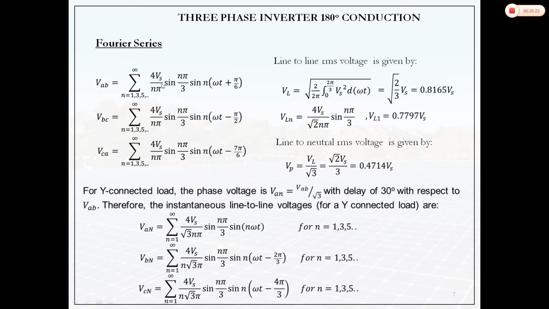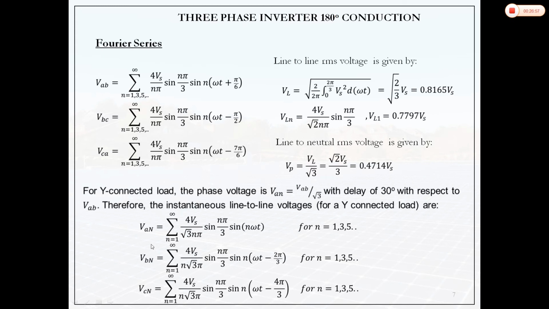So if you divide this value by root 3, you are getting 4 Vs upon root 3 n pi, then sin n pi by 3, then sin n omega t plus pi by 6 minus pi by 6. So pi by 6 gets cancelled, and you are getting only sin n omega t. So here you can see we are getting 4 Vs upon root 3 n pi sin n pi by 3 sin n omega t. Okay.